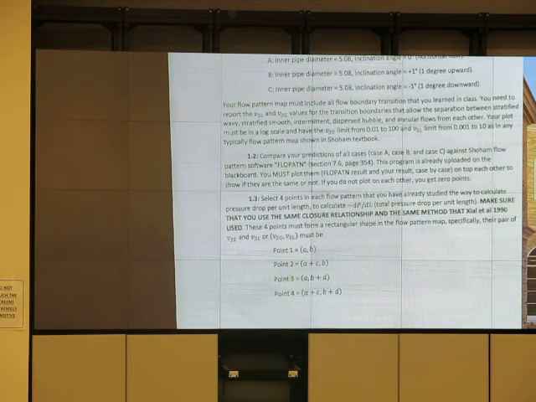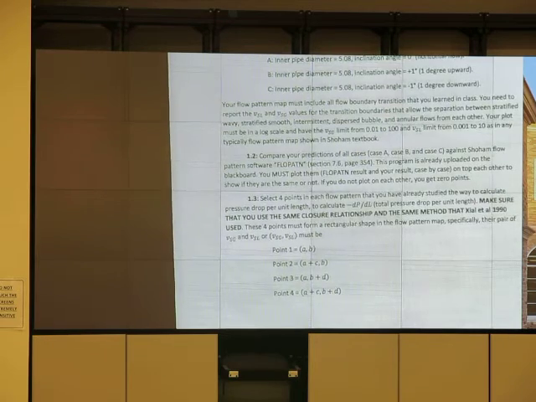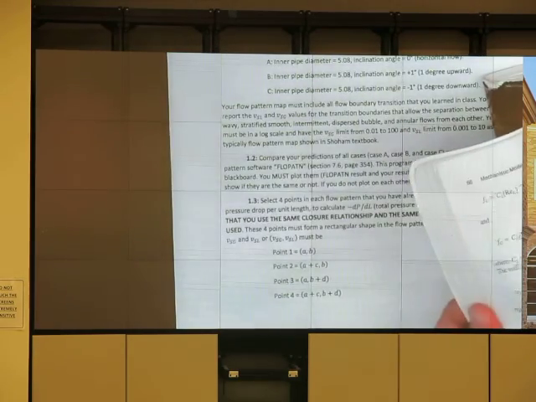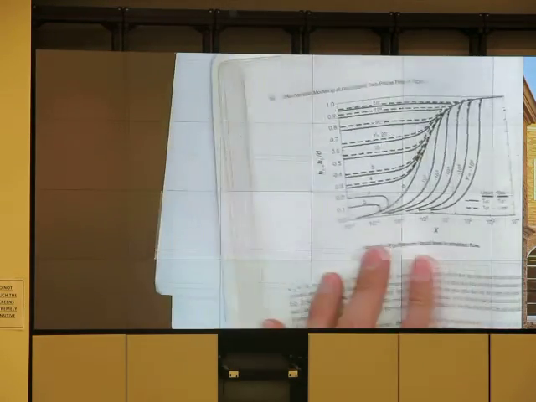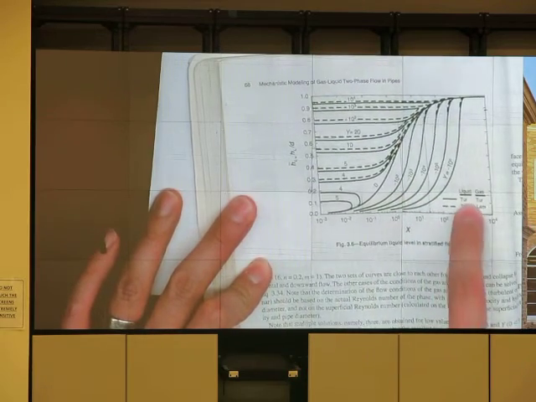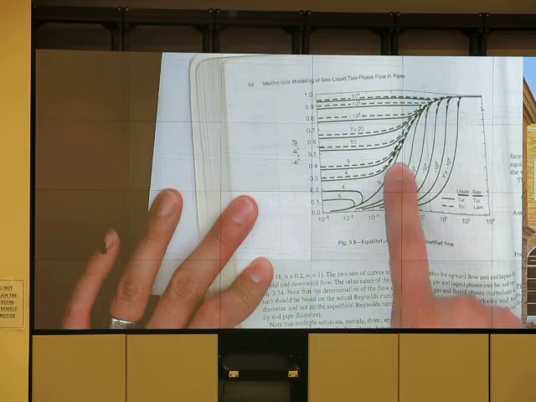In some of the homework, I have the S-curve shape, H tilde with X and Y. You remember that? I'm talking about 3.34 or something. So if you do turbulent liquid, turbulent gas, can you match with this?